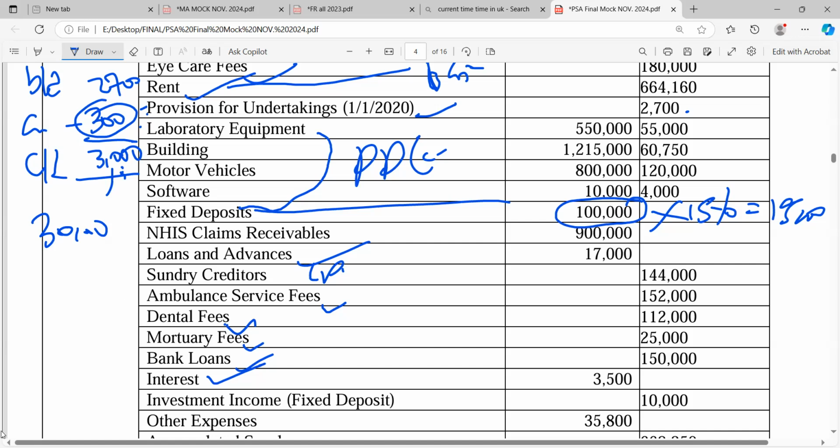All right, so basically that is all you need to know and understand about how the note will be attacked.